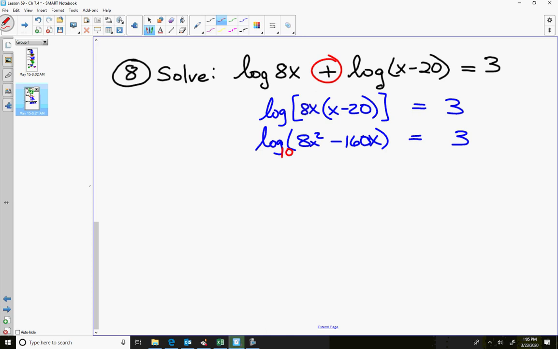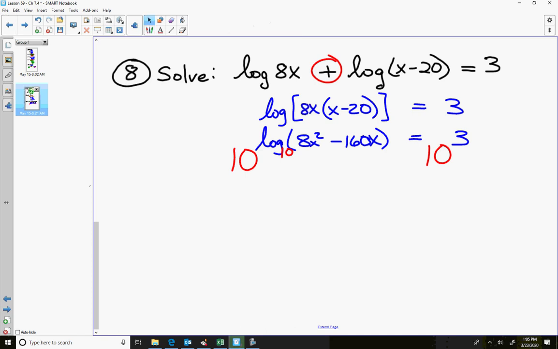Okay, this is understood, base 10. So what I'm going to do, just like we did on problem 6, since I have a log base 10, I'm going to counteract that with the inverse operation of an exponential base 10. What you do to one side, you have to do to the other.